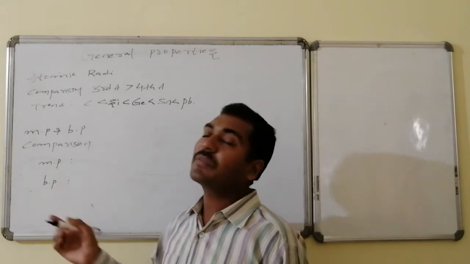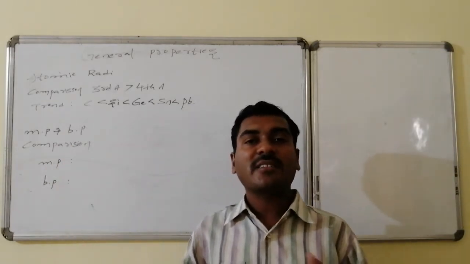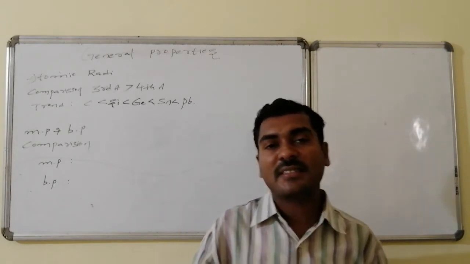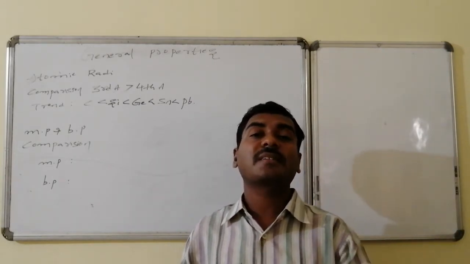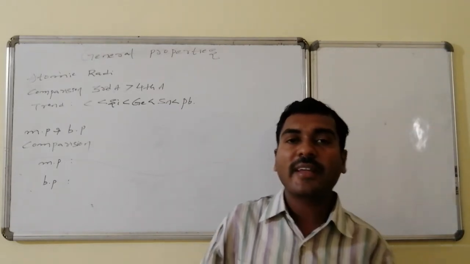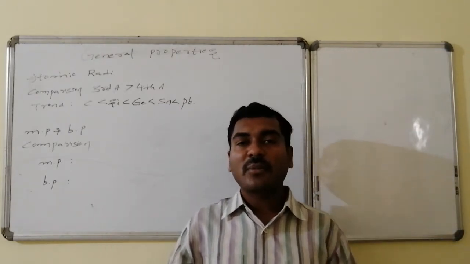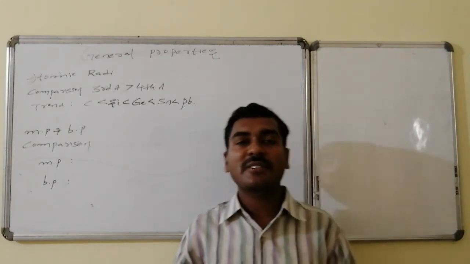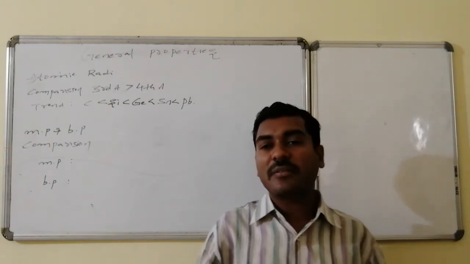Here, in case of the fourth A group elements, the last orbit is having general electronic configuration as ns2 np2. 4 electrons are present. These 4 electrons are involved in the bonding, like intermolecular force of attractions with the others. Either that may be a giant structure formation or that may be a metallic bond formation.